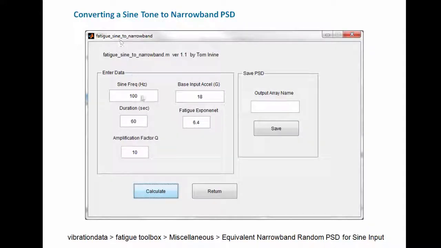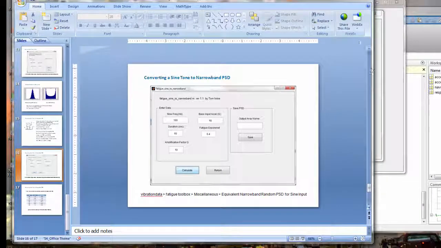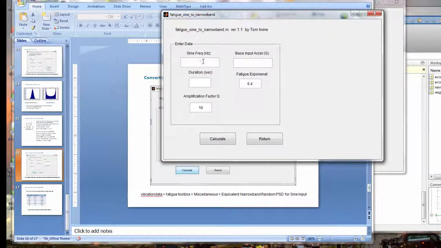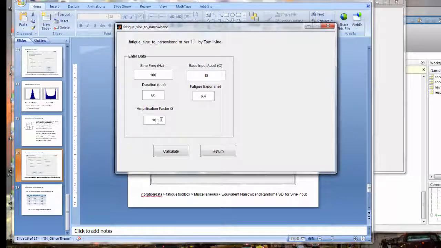We're going to assume that our sine is 100 hertz, pure sine, 18 G base input, 60-second duration, fatigue exponent 6.4, Q value equal to 10. So let's just remember those numbers. Let's see how well I did. That's 100 hertz sine frequency, base input 18 Gs, 60-second duration, amplification factor Q equal to 10.